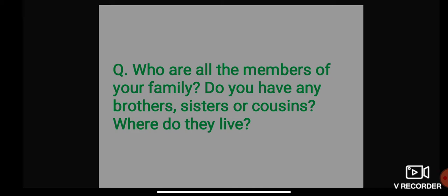Just like our brothers and sisters live in the same house as us, and our cousins live in a house far away, in the same way the Earth has brother and sister planets that live close by, and also cousin planets that live far away. So today we will learn about the Earth's brother and sister planets, called the inner planets.